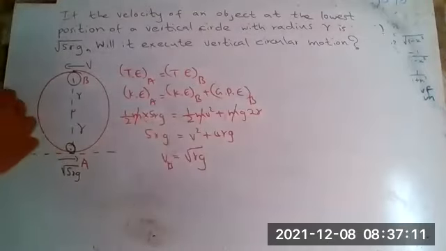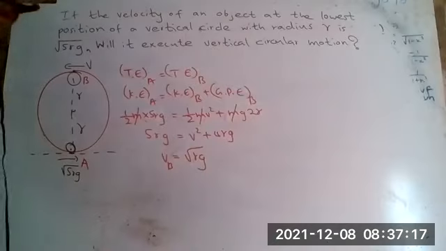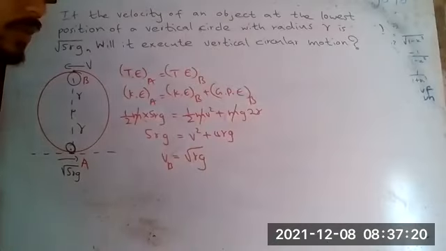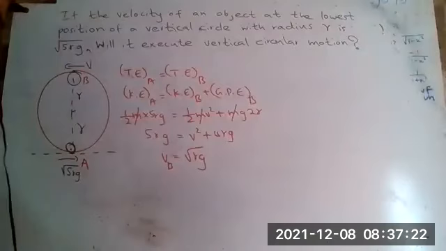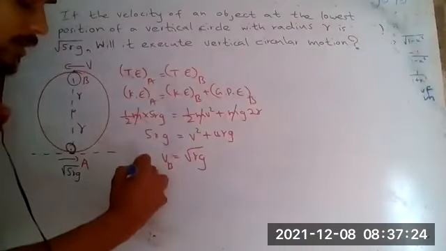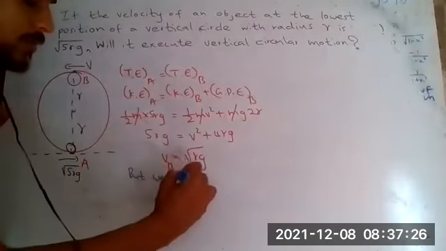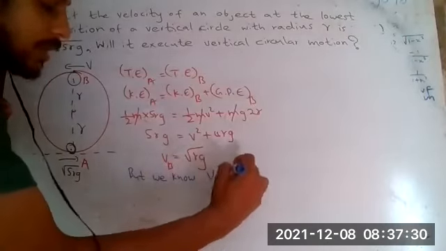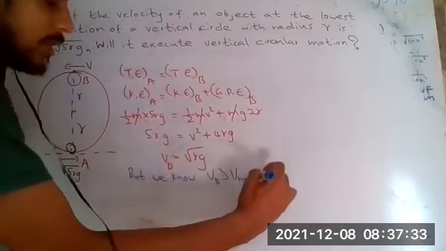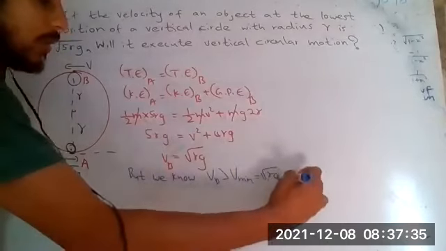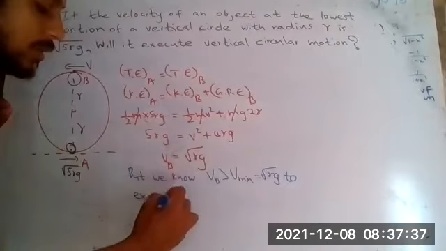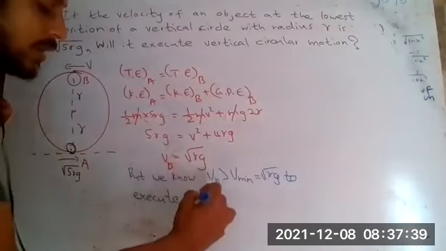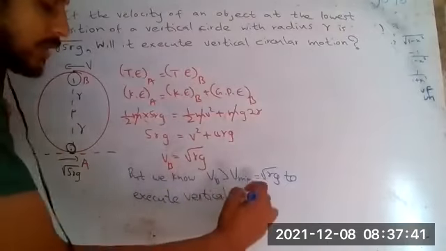But you know the velocity at the highest point should be greater than root rg to execute the circular motion. We know V B should be greater than V min equal to root rg to execute vertical circular motion.